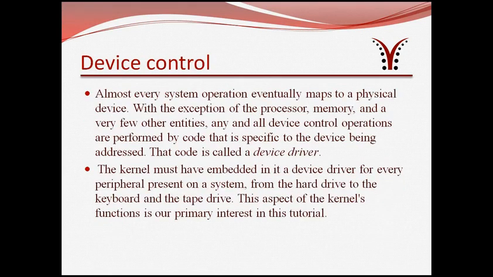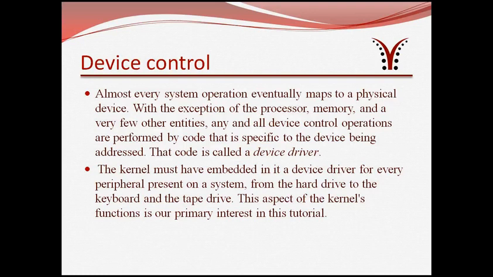Next, let's move on to our next topic, device control. Almost every system operation eventually maps to a physical device. All device control operations are performed by code that is specific to the device being addressed. The only exceptions are the processor, memory, and a very few other entities.